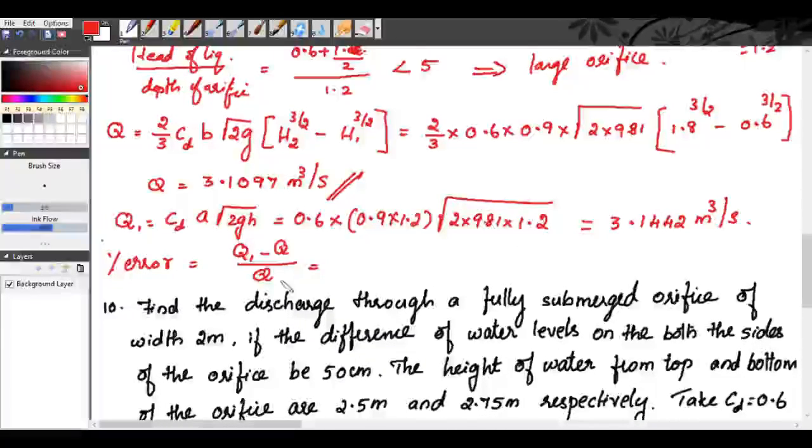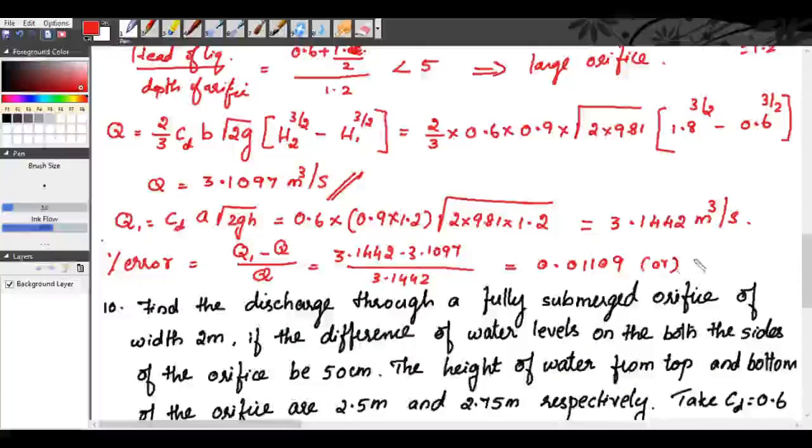So Q1 minus Q by Q, we get 3.1442 minus 3.1097 divided by 3.1442. We get 0.01109, or in terms of percentage it is 1.109 percent. This is the percentage error when you are considering the orifice as a small orifice.